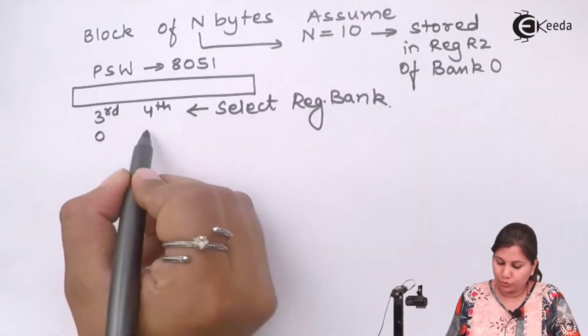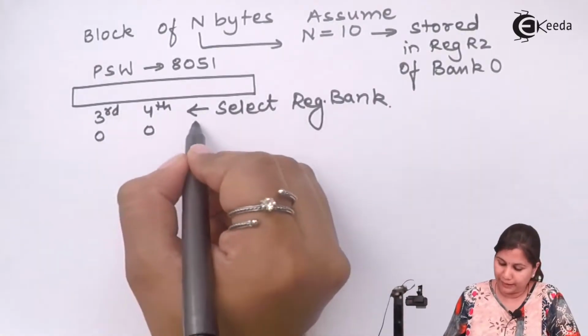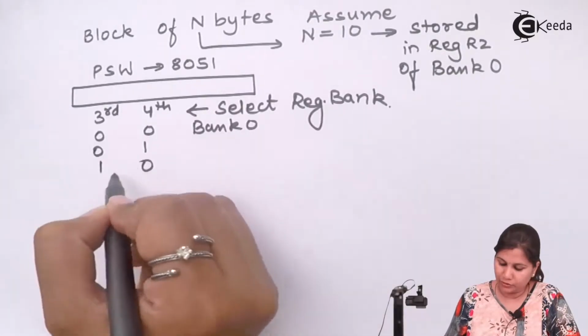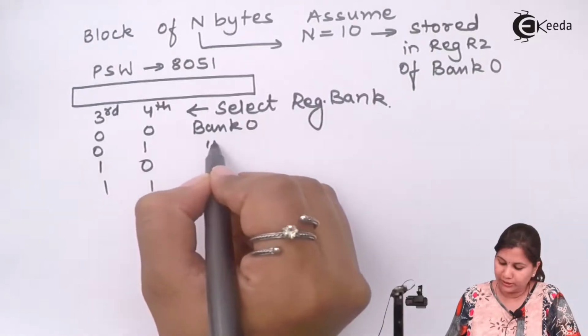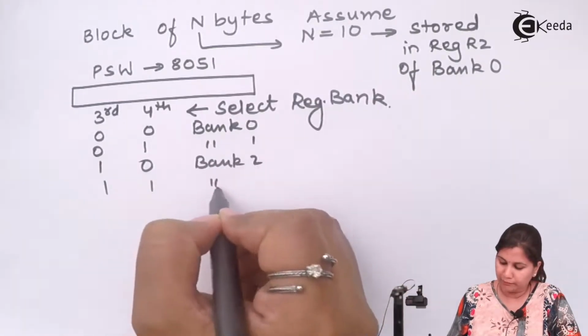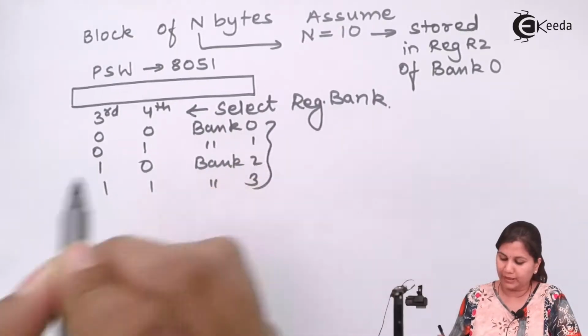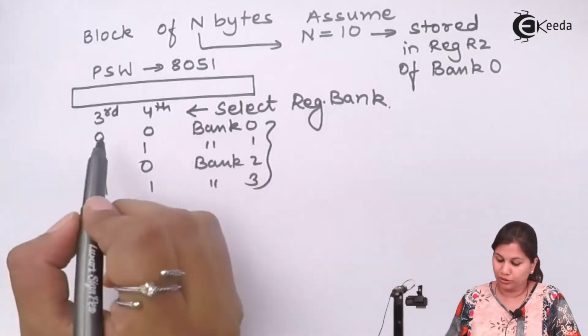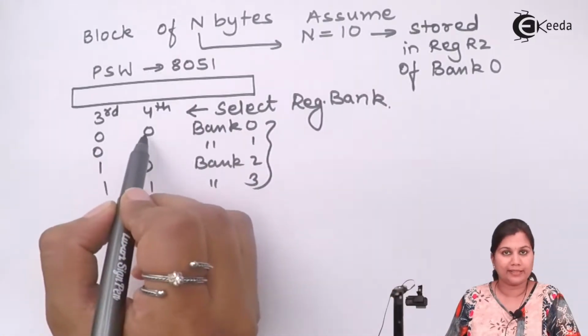Suppose these two bits are 0, 0, then bank 0 is selected; 0, 1, 1, 0 and 1, 1 select the other banks. In this way, these 4 banks are selected. If you want to select bank 0, these 2 bits are to be 0, 0.